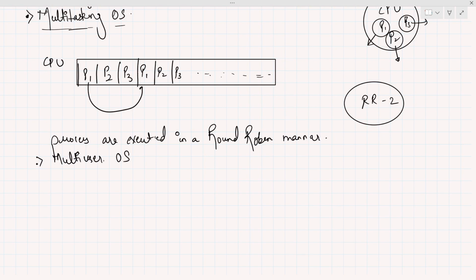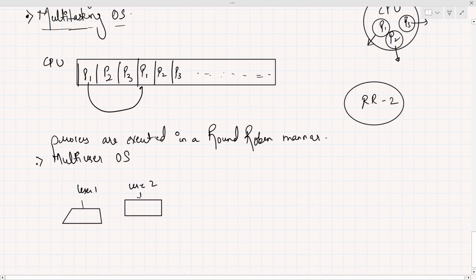So this is also an operating system, the multi-user operating system. What it basically does: we have many users, let's say user 1 and user 2, playing a game, and we have terminals T1 and T2. What is a terminal? A terminal is like a keyboard, a mouse, a joystick, whatever you use to operate the system.